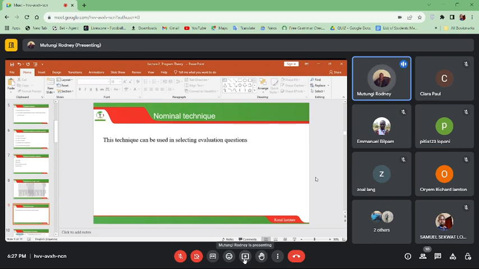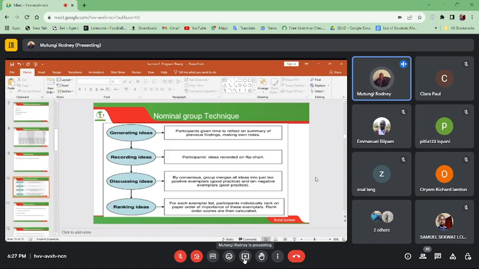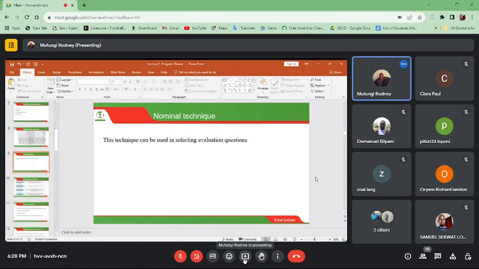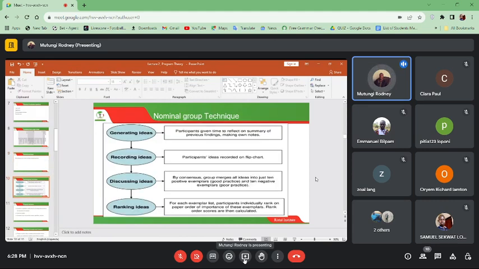So the other technique that we can use to put in place these evaluation questions, or questions that enable us to know whether there was success or not of our program, is the nominal technique. And this basically uses different stakeholders in selecting evaluation questions.